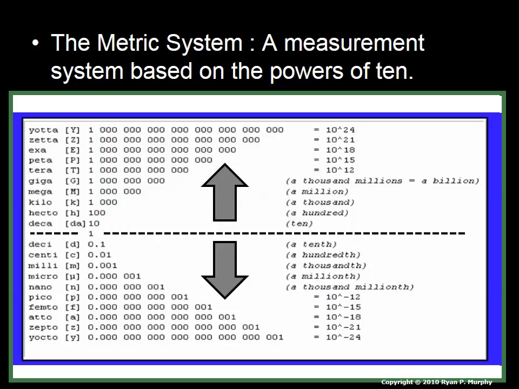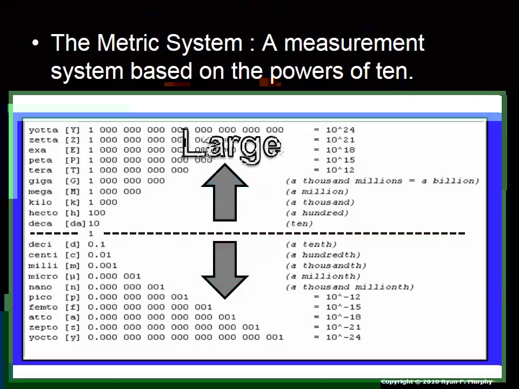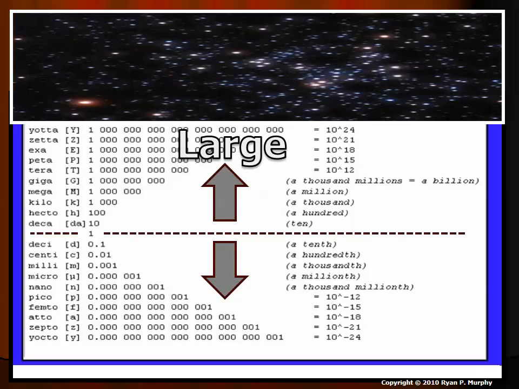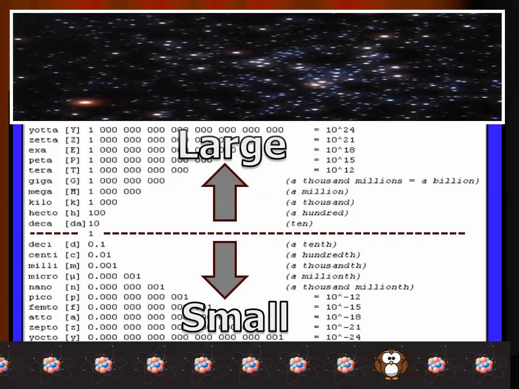And we can use these to measure things that are really big and things that are really small. So we have the really large numbers up here, so we can measure things like stars and distances in the universe. And we have the really small, so we can measure really, really small things. And we're going to be doing a lot of that in class, measuring the size of atoms and things like that.